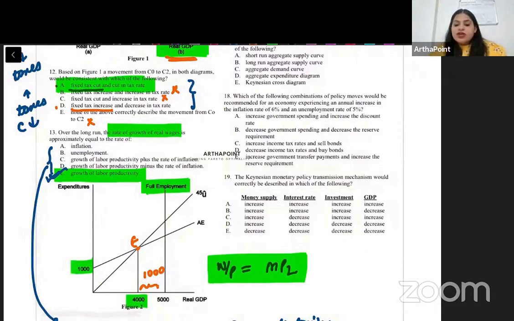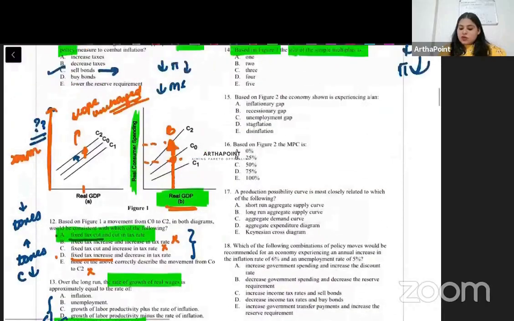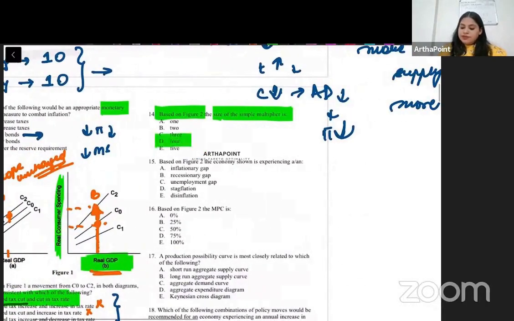Whatever the equilibrium GDP is, you can divide that by equilibrium expenditure, in case you don't know the value. So that can be another thing you can do. On that basis, if I were to answer this question, it will be 4. Okay, so I will go ahead with the answer of 4, D.